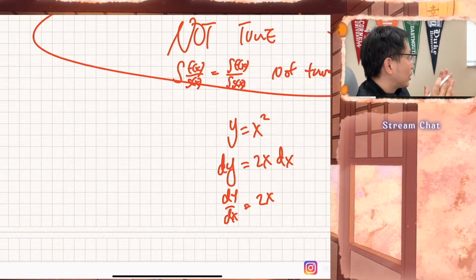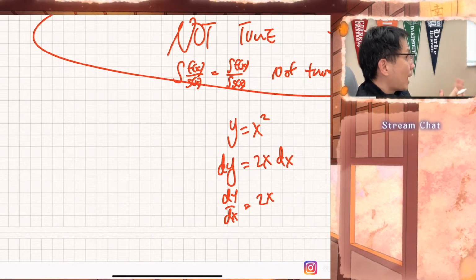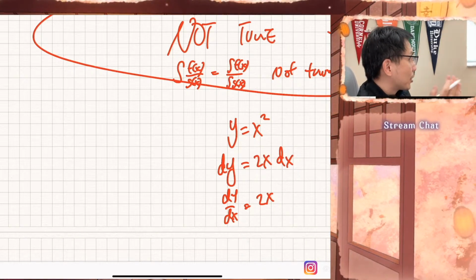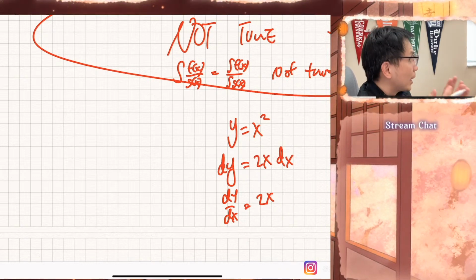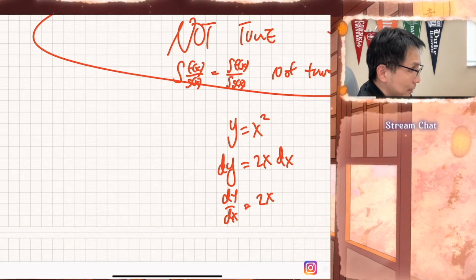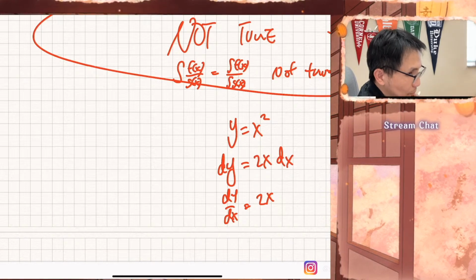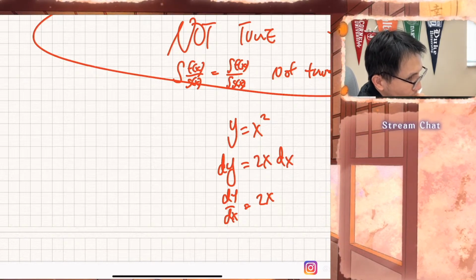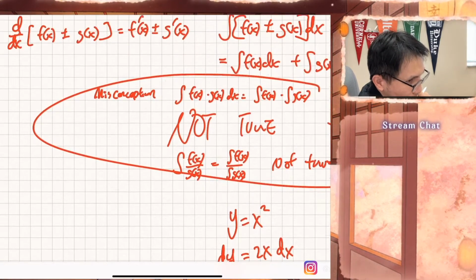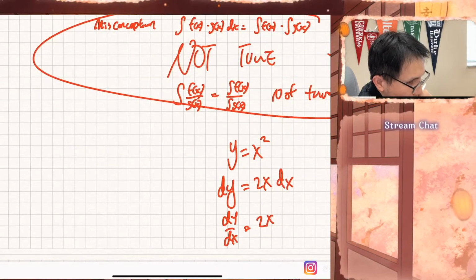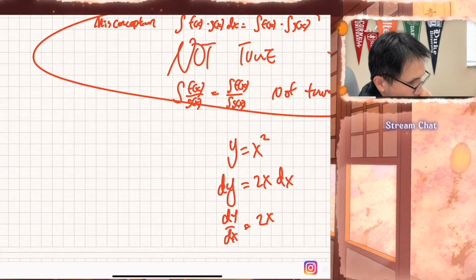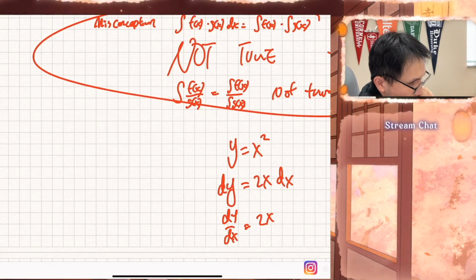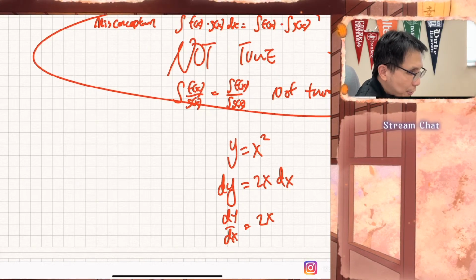If you do the integration of x, it always has dx. Integration of y, you always have dy. Integration of theta, you always have d theta. So are you doing an integration of x and then it's equal to dy? No, at the bottom where you do y equals x squared. Oh wait, no, you have the derivative of y. Okay, now I see it. Never mind. So this is called differential.